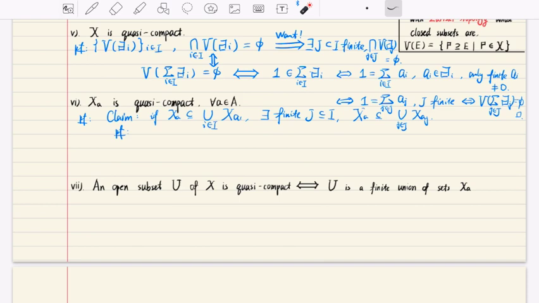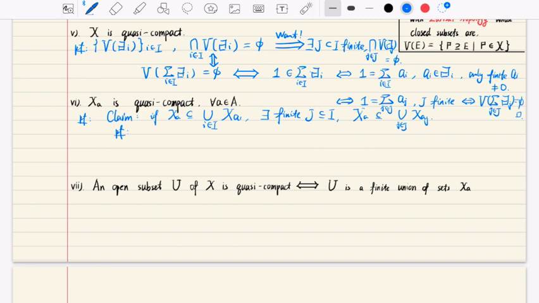So it must not contain at least one of these AI. In other words, if we consider the ideal generated by all of these AI, it must contain A.